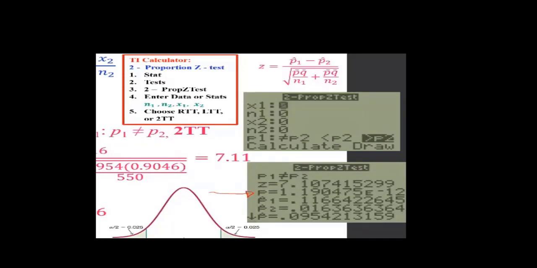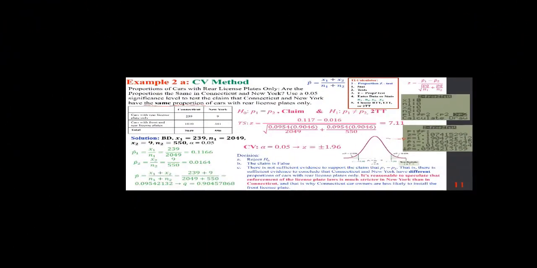And I hope it makes sense, because what is the p-value equal to? The p-value for a right tail test is the area to the right of the test statistic. Because it's a two-tail test, the same thing times 2.